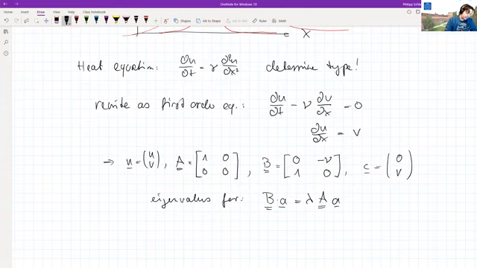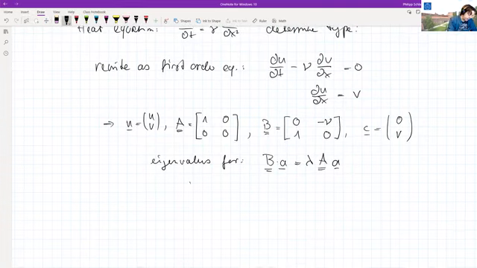And then we need to look at the type and all of that. If I do that, again, I'm not calculating it here, but of course you can easily do that. What I get is lambda, which will be dx over dt, will be infinity, and the corresponding eigenvector would be 0 and 1.